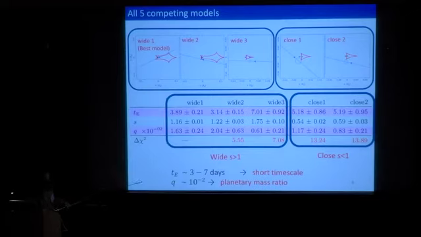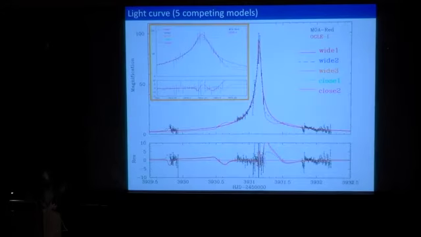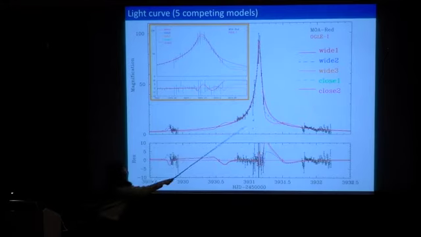The mass ratio of all the models is about 10 to the minus 2, so all models have a planetary mass ratio in this event. And here are the light curves of the 5 competing models. The difference between the light curves mainly arises where there is no data point, like this, or like this.